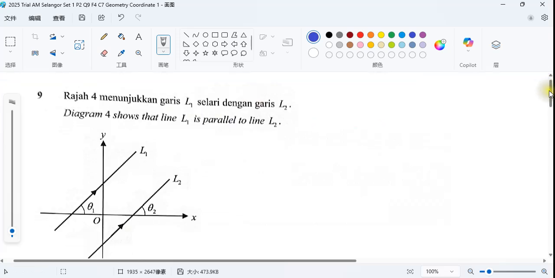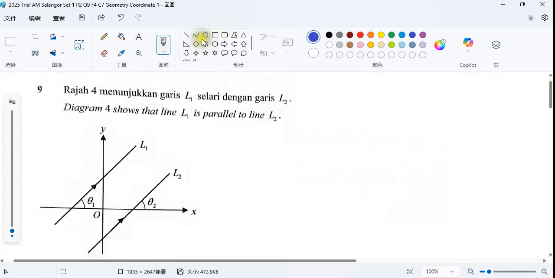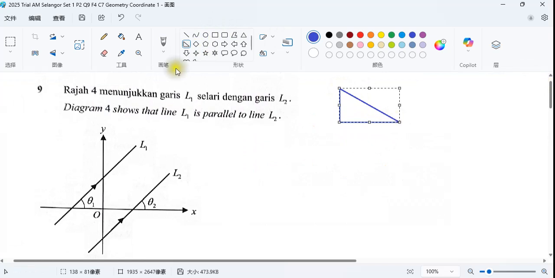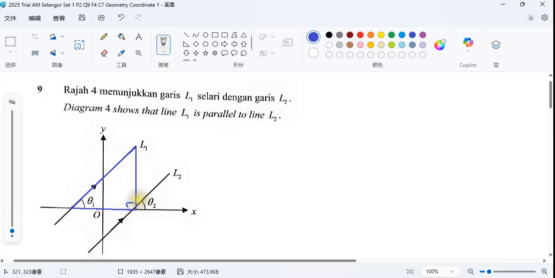To answer this question, we must know one thing: the gradient equals tangent theta. We have a right angle triangle with opposite and adjacent sides.